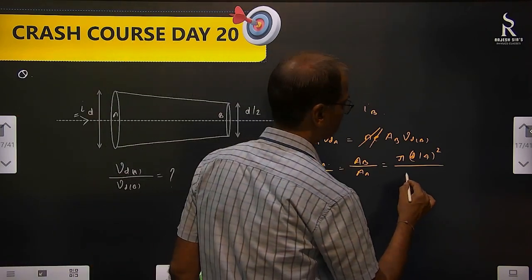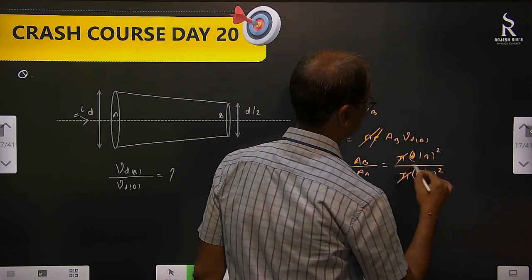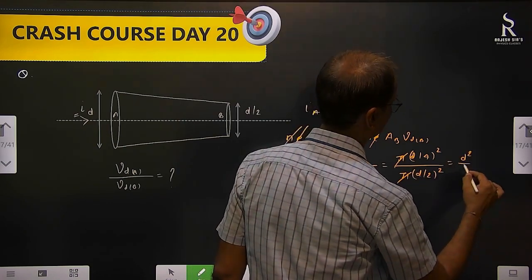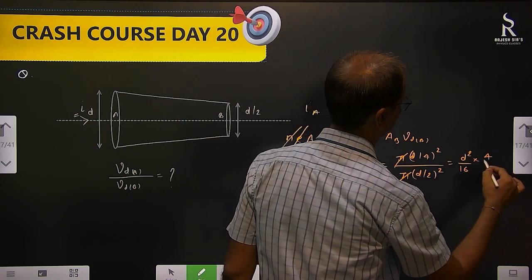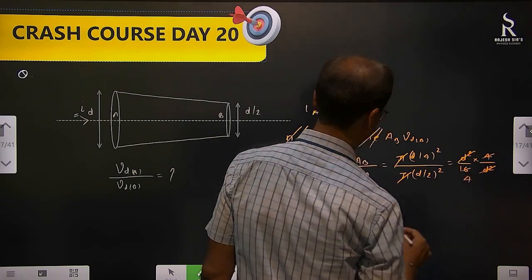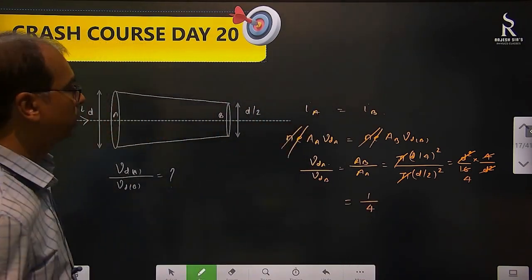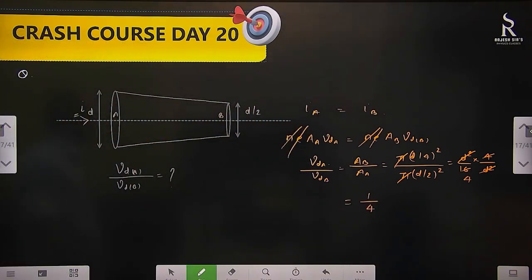So pi d by 2 whole square. Pi cancels. This is d square by 16 and this is 4 by d square. So 1 by 4 is the answer. VdA by VdB is 1 by 4. Right?